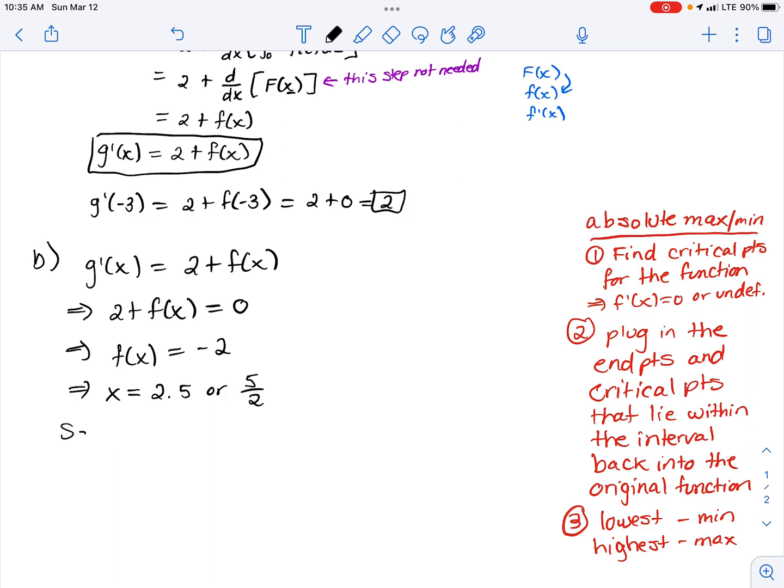So g prime of x is equal to 0 when x is equal to 5/2. Okay, so if you write that on your paper, I'm 99% sure that College Board, and you can check in your own scoring guidelines because you have them with you, that this is worth 2 out of 3 points. So just finding the critical points and writing this down.